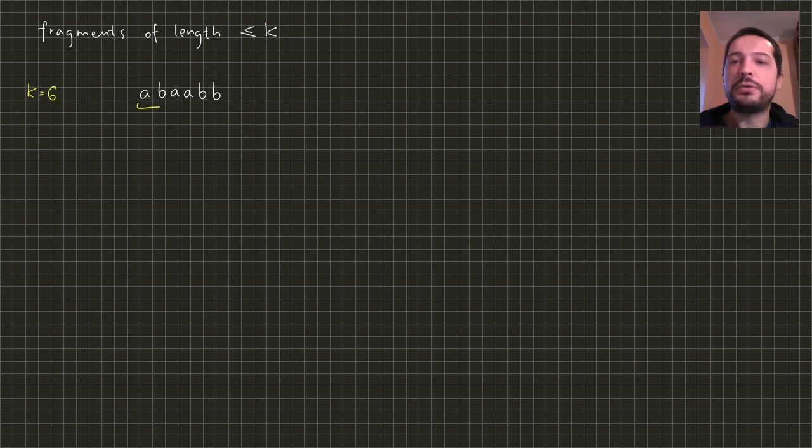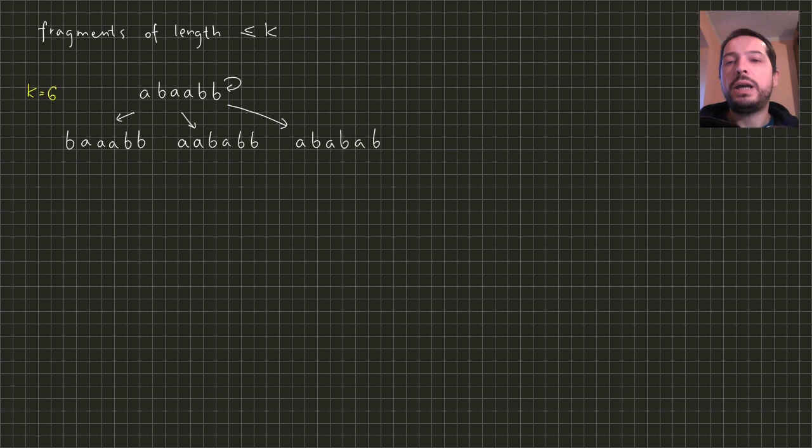Let's see an example with a fragment of length 6. Considering the swap of the first two letters, we obtain another string. Swapping the next two letters produces another one. Swapping the third and fourth letter does not change the string, and we can mark it with a simple loop. Finally, the fourth and fifth letter produce another word, and swapping the last two letters does not change the string.